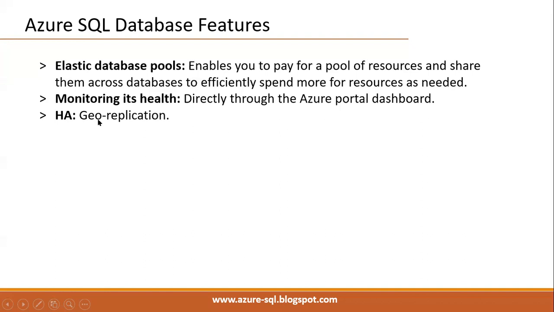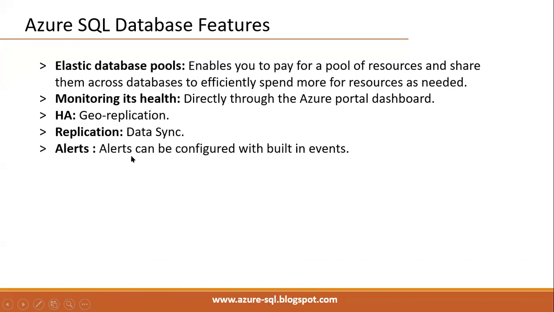That's why we say geo. In the same way, replication is there here, and Data Sync is one feature. By using Data Sync, we can implement a replication similar to transactional replication, but it is bidirectional. We can implement Data Sync between Azure databases, and also from on-premises to an Azure database.